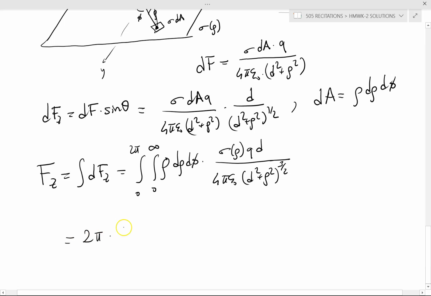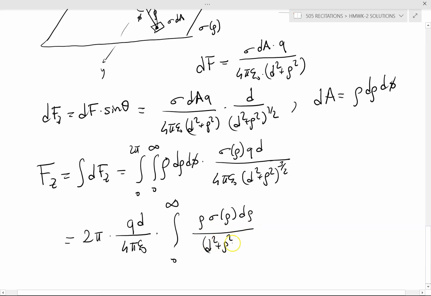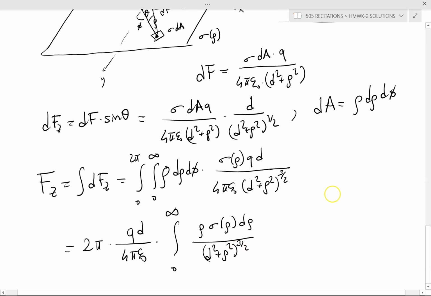And the rest, qd divided by 4πε0, can be taken out also, right? Then the integral from 0 to infinity of rho sigma rho d rho divided by (d² + ρ²) to the power of 3/2.